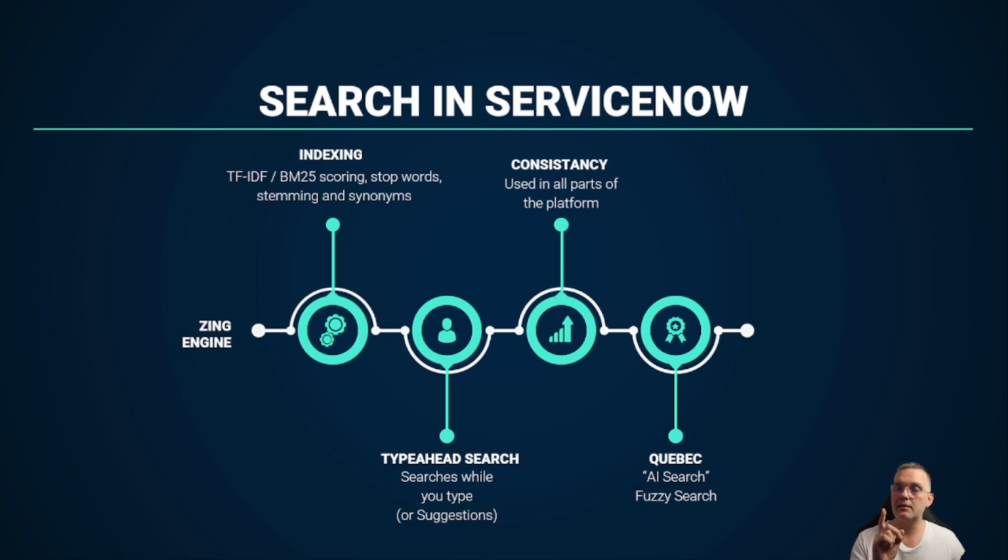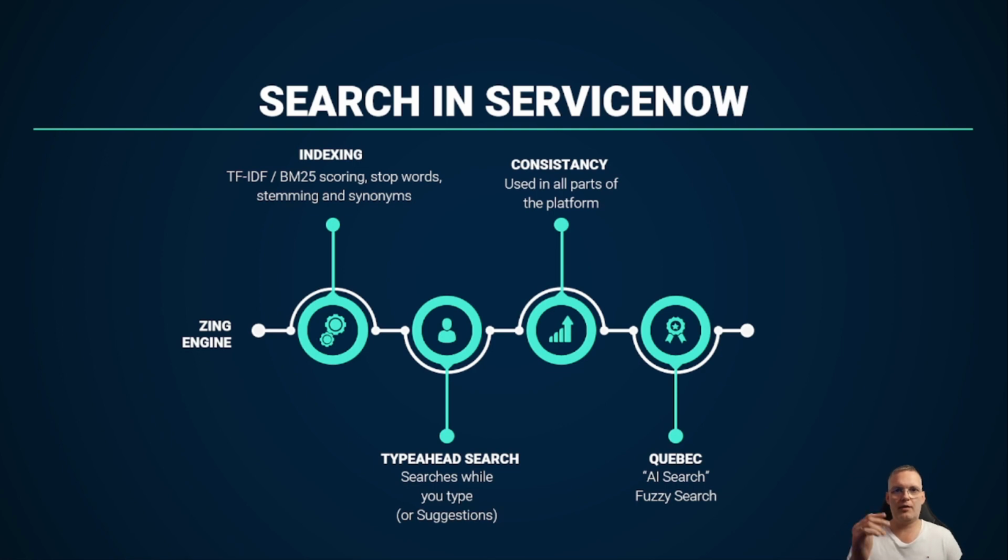But anyways, before AI search, you had Zing search, which was, and I think everybody agrees, a quick hack to make something searchable. So it looked through tables for your words, and it took a long time. To change anything in the search, you had to basically go into code and change what it looks for.